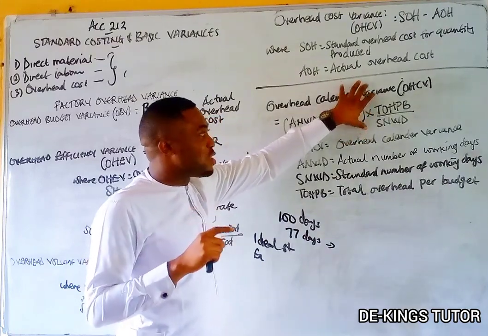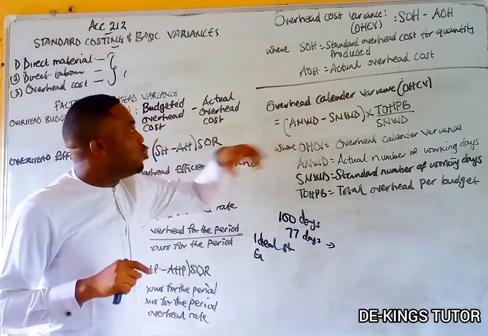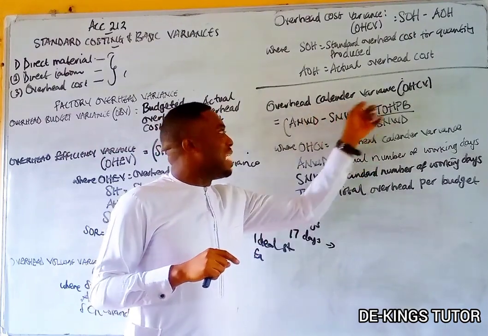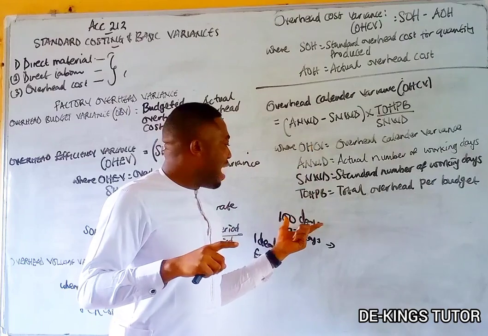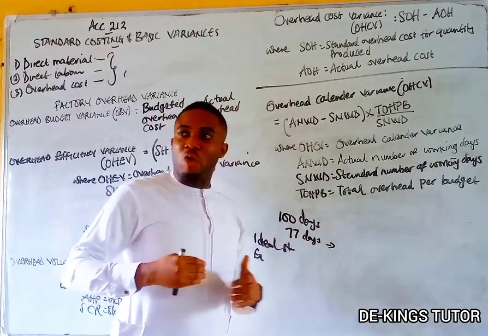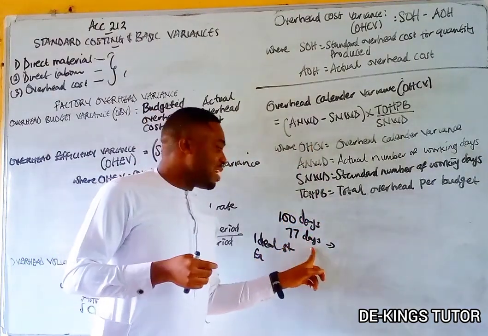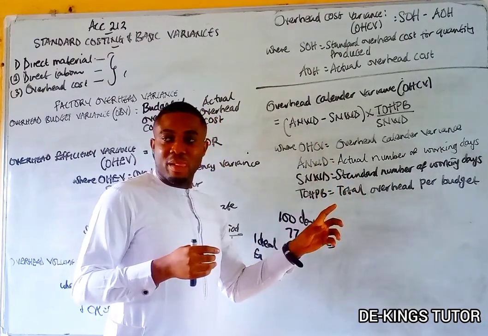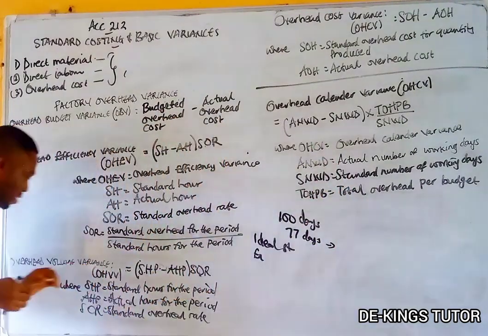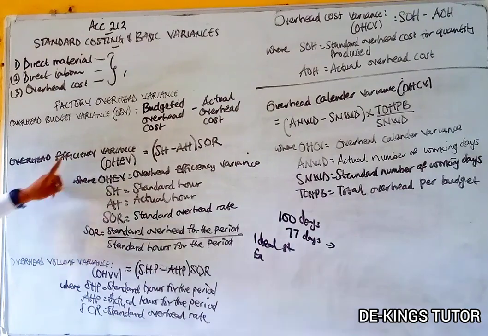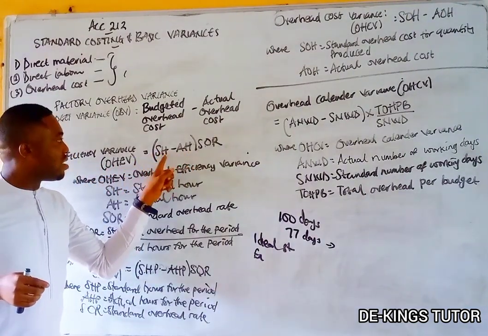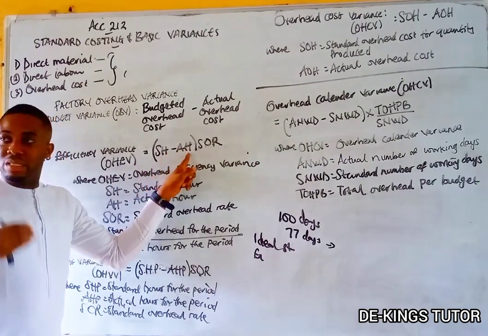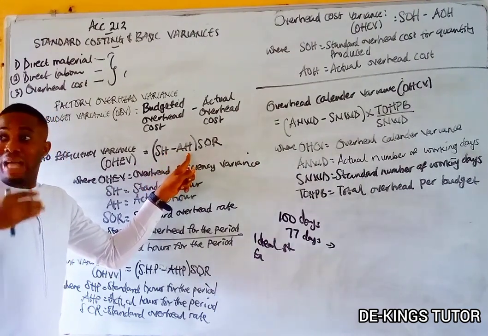There are two ways the question might come, whereby you consider that there is a calendar variance. It means that the number of hours they worked, once you are considering that they worked for 77 days, will not be the same. Now, this efficiency, if you watch, is talking about hours. It means the amount of time the laborers are working.